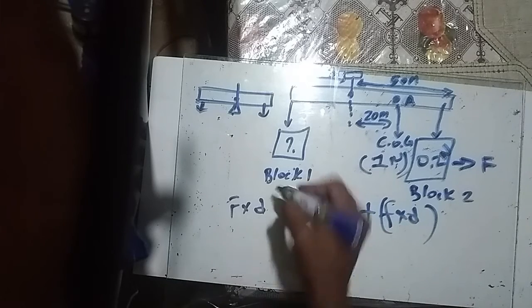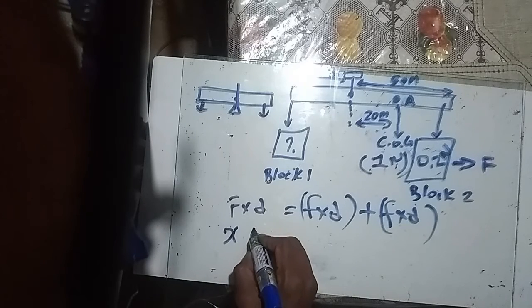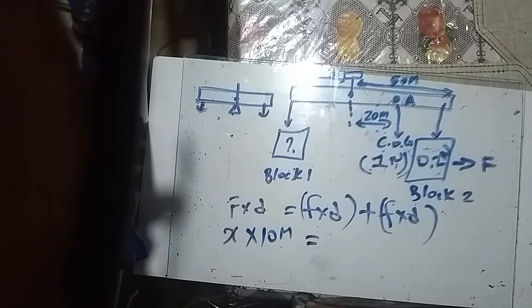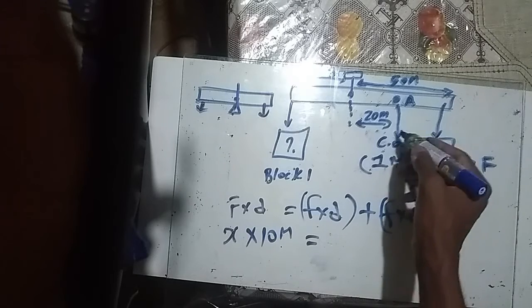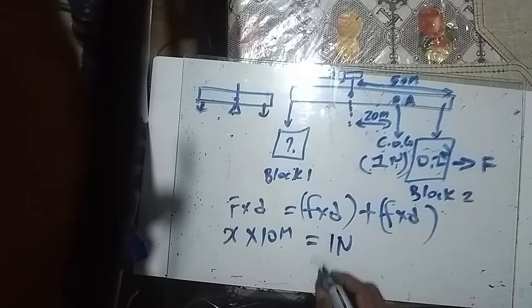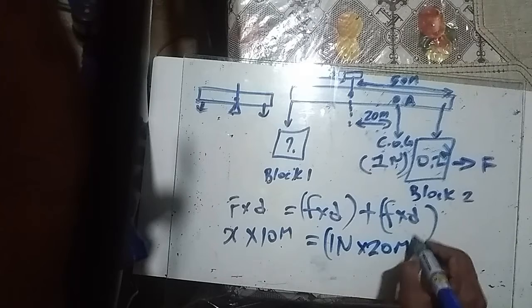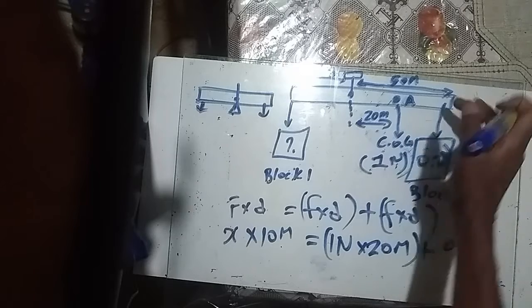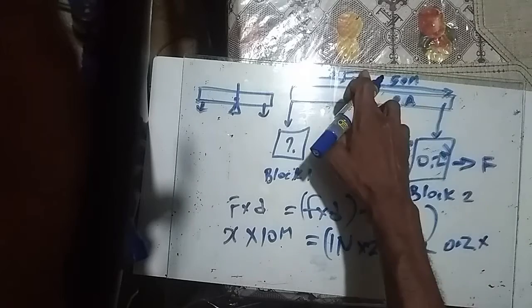So over here, block 1, its weight, which is its force, is unknown, times the distance, which is 10 meter, is equal to the center of gravity, where all of the weight is acting, which is 1 Newton, times 20 meter, plus the 0.2 Newton for the block, because two of them act. 0.2 times, and it is 50 meters away from the pivot.